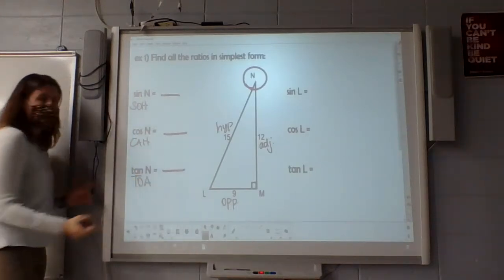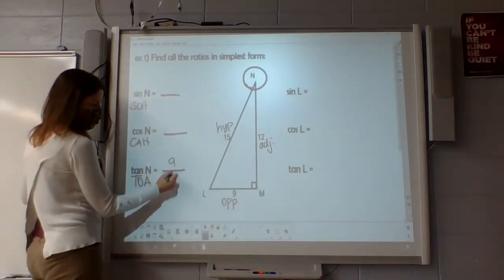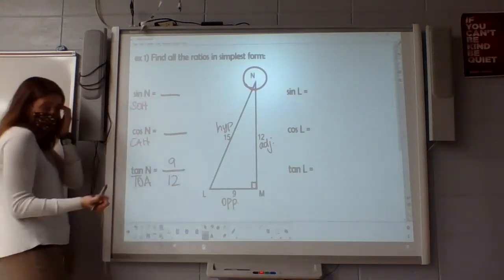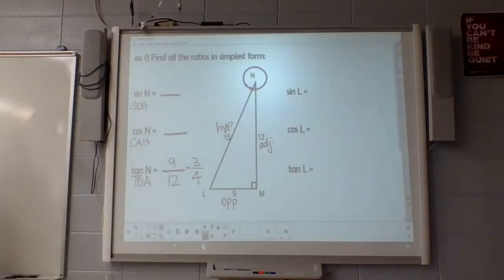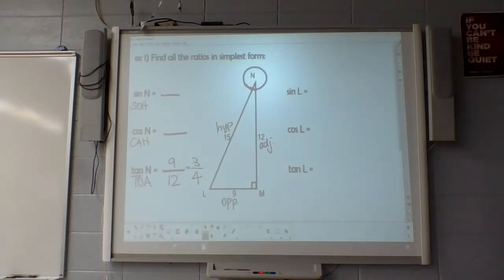Now tangent we're good with, opposite over adjacent. So opposite over adjacent is going to be 9 over 12, which would just be 3/4. Those numbers sound familiar from yesterday, and that's because this is a 3, 4, 5 right triangle. I use those all the time because the numbers are nice.